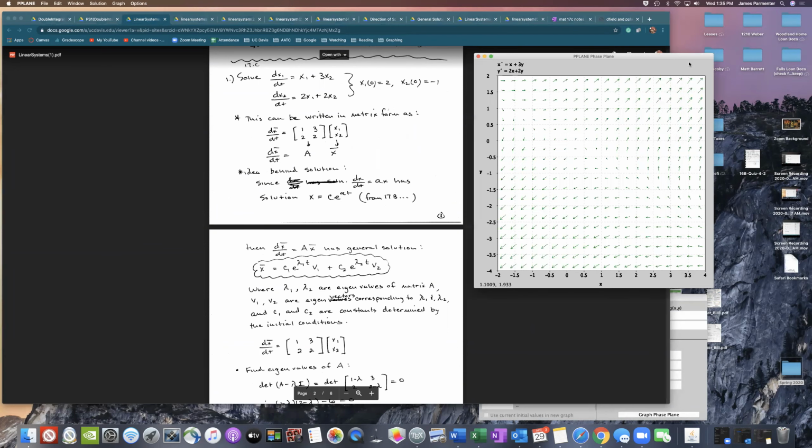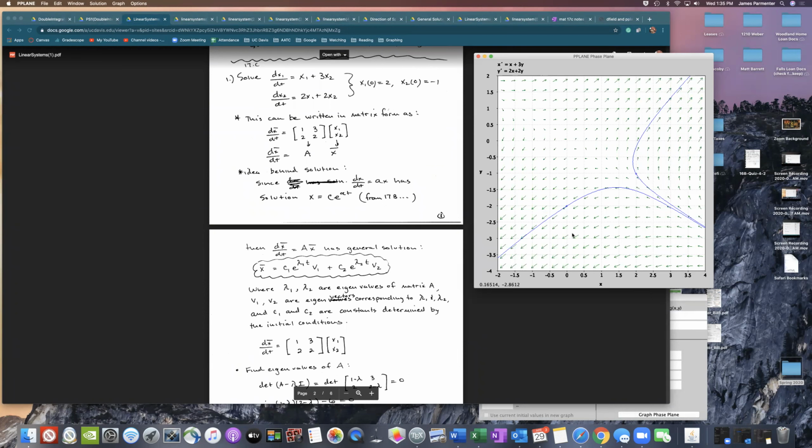Sorry, I said 1, but I didn't say -1. So I go over here to the point 2, -1, click on it, and it will show me what the curve through that particular point looks like. And if we had a different initial condition, like 0, -2, it'll show you what that looks like, which is kind of useful.